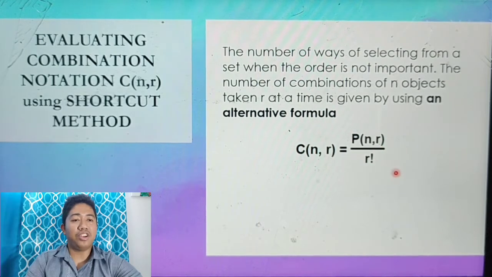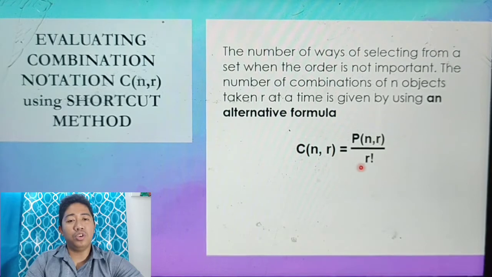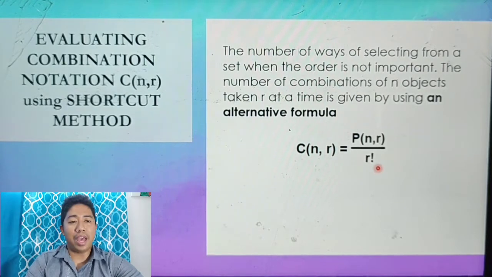So that is the alternative formula for using the shortcut method, without using the given formula. So I will introduce to you some of the steps in order to solve using the shortcut method.